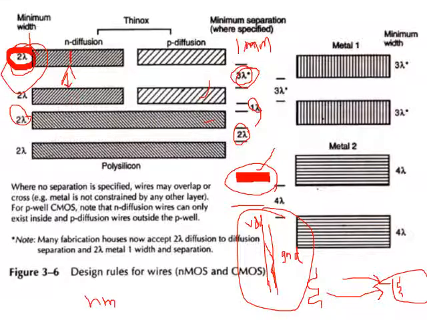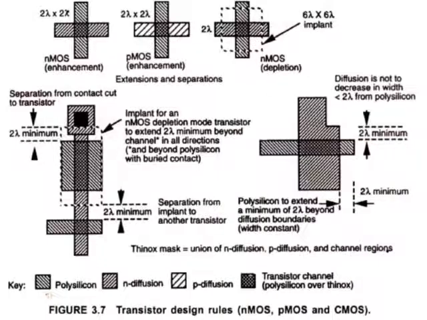Coming to metal 1, metal 1 minimum thickness should be 3 lambda, and the distance between one metal to other metal, that is metal 1 to metal 1, should again be 3 lambda. Metal 2 minimum thickness should be 4 lambda, and the distance between metal 2 to metal 2 should also be 4 lambda. So these are the few design rules which we need to follow while drawing the layout.